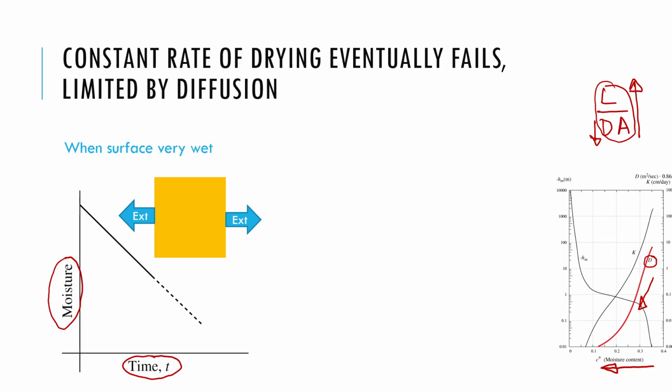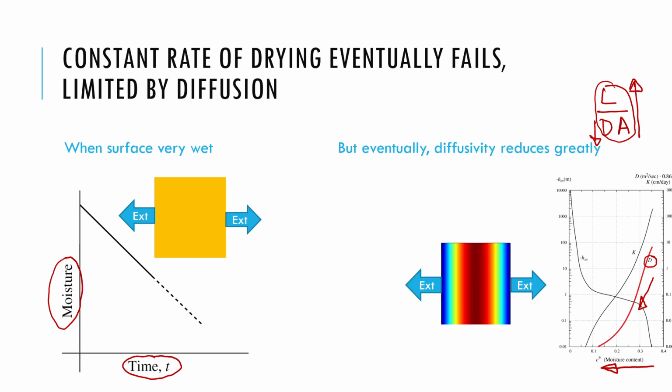Internal resistance increasing, or diffusivity dropping, means moisture is having a harder time getting to the surface. It doesn't get to the surface as quickly as was assumed here. So then diffusion is starting to play a role.